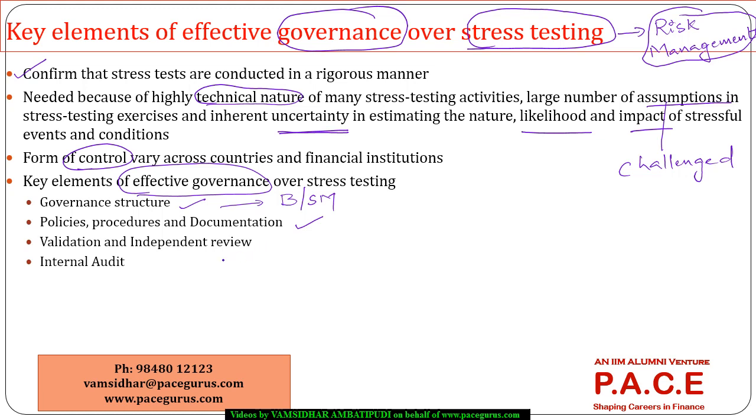Then how is the validation of the model done? How is the review of the model done? What are the kind of policies and procedures in place with respect to validation and review of the stress tests? And finally, the auditing process. So these four aspects come out as the standouts in any kind of governance aspect of stress testing, irrespective of what country we are talking of or what kind of financial institution we are specifying.